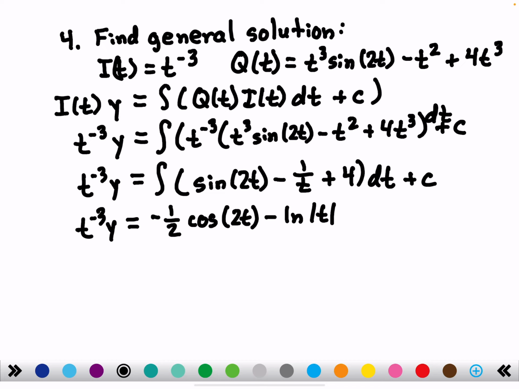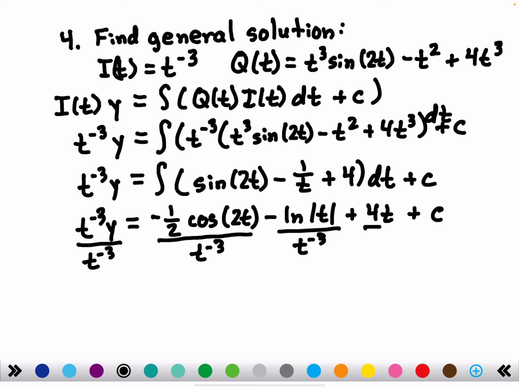The integral of 4 is just plus 4t, and then that would be plus c. Now divide all terms by t to the negative third. Even the constant gets divided by that integrating factor.